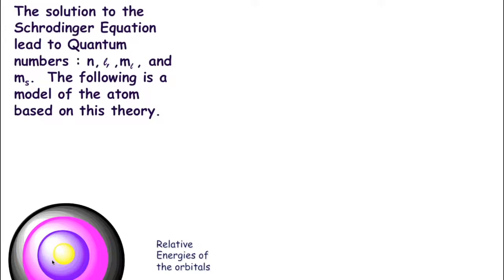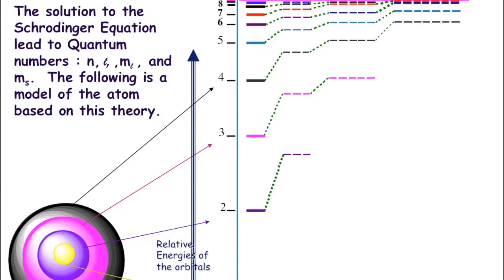If we look at the energies of all these orbitals, it can be represented by that, where the first shell, n equals 1, we call it n because that's a quantum number. It's called the principal quantum number. That's the first, this would be the second, the third, the fourth, and there's an infinite number of orbitals for any particular atom.